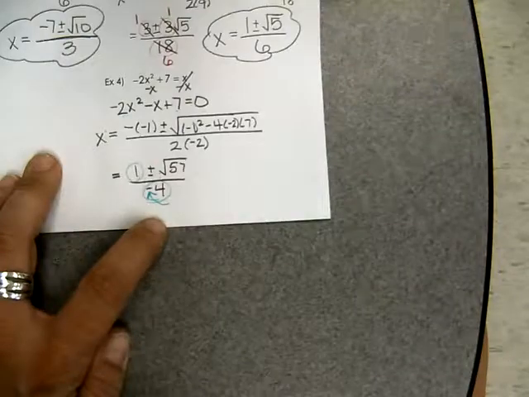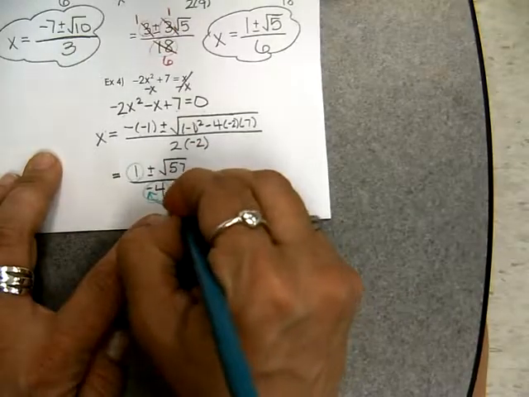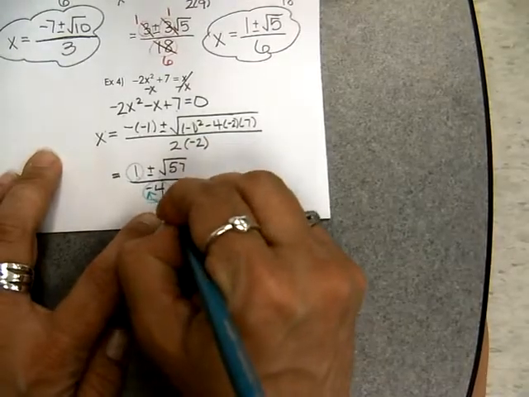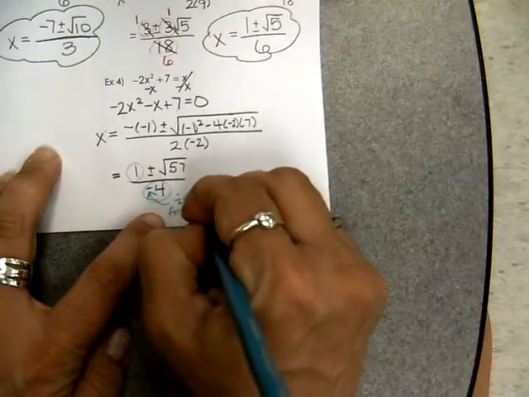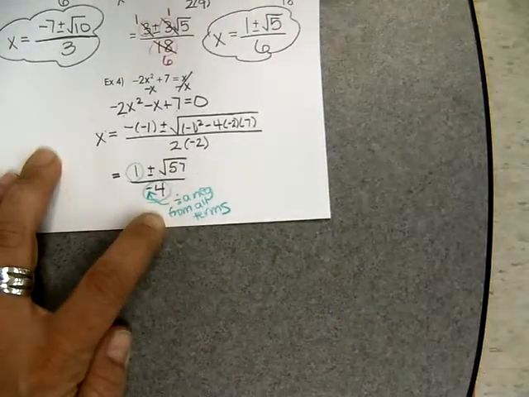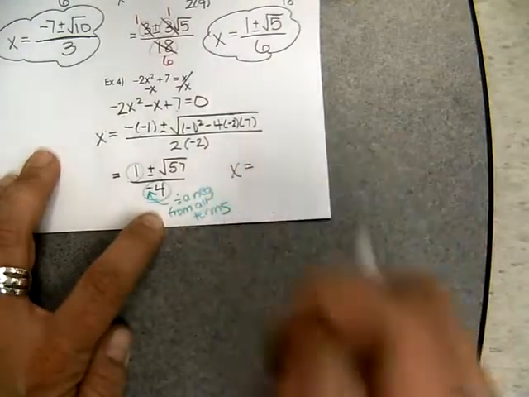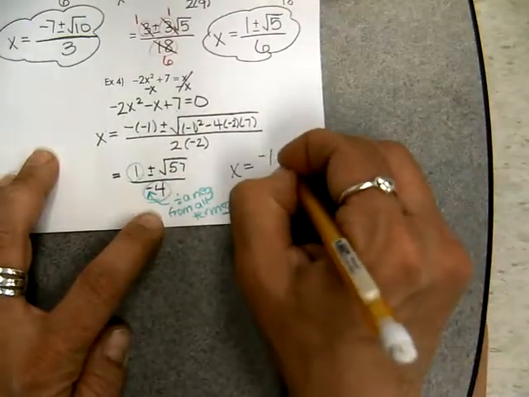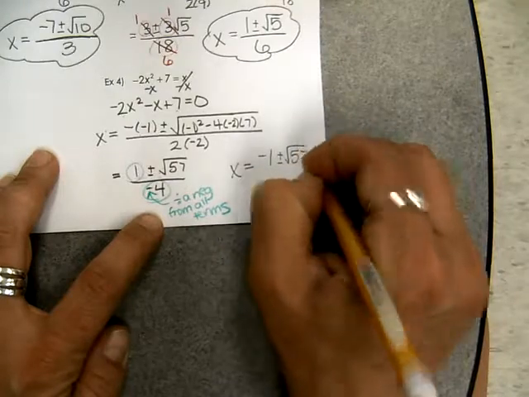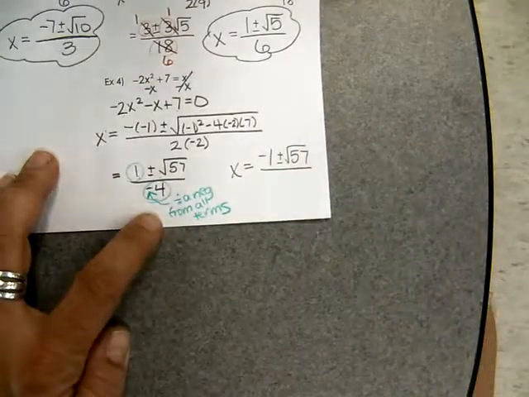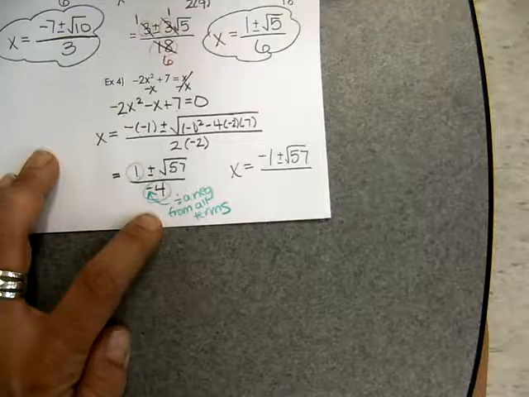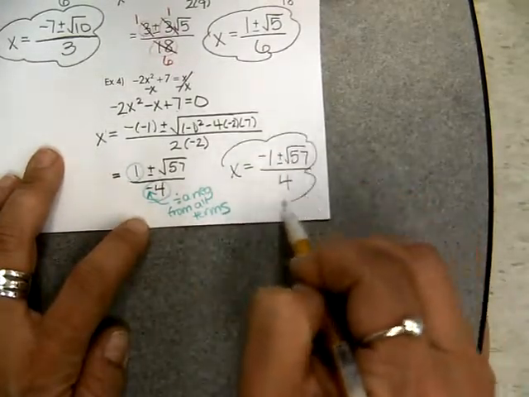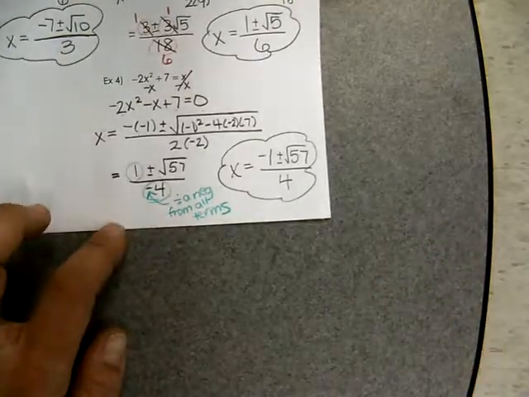So we're going to make a note that we're going to divide a negative from all terms. So positive 1 becomes negative 1. Plus or minus root 57 becomes minus plus root 57, which looks silly, so we flip it and say plus or minus root 57. And then the negative 4 becomes positive 4. And that's really the best way to write that final answer.